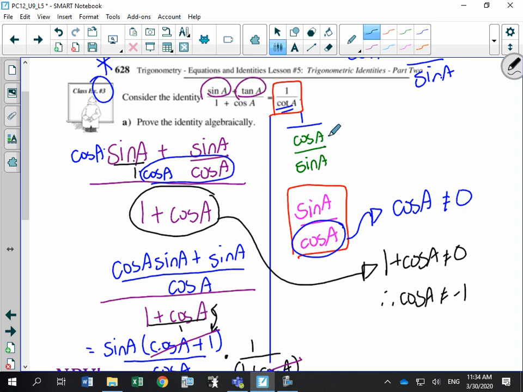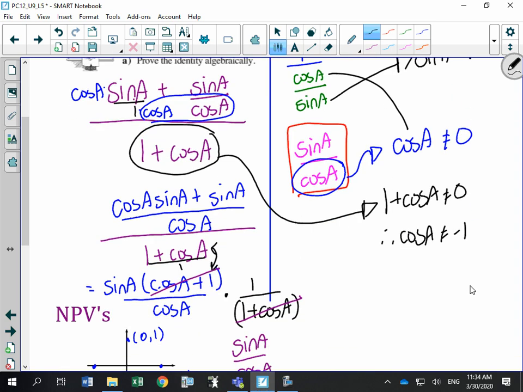I've already taken care of cos of A cannot be 0 here, but my last non-permissible value is that sine of A can also not be equal to 0. So now I'm finding where sine of A equals 0, where cos of A equals -1, and where cos of A equals 0. These are all going to be non-permissible values.